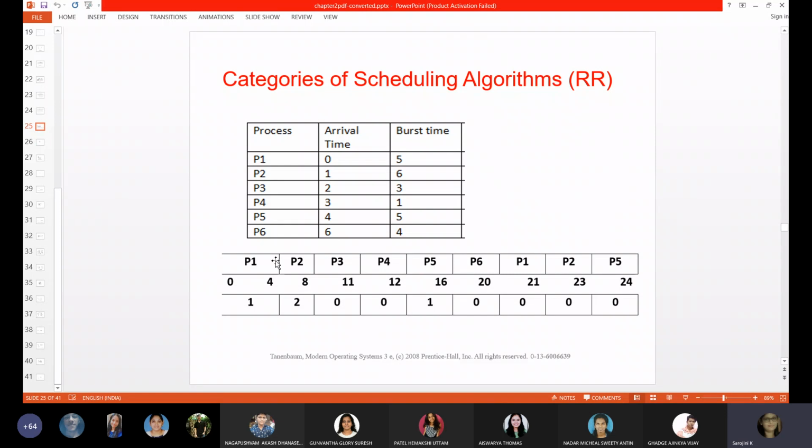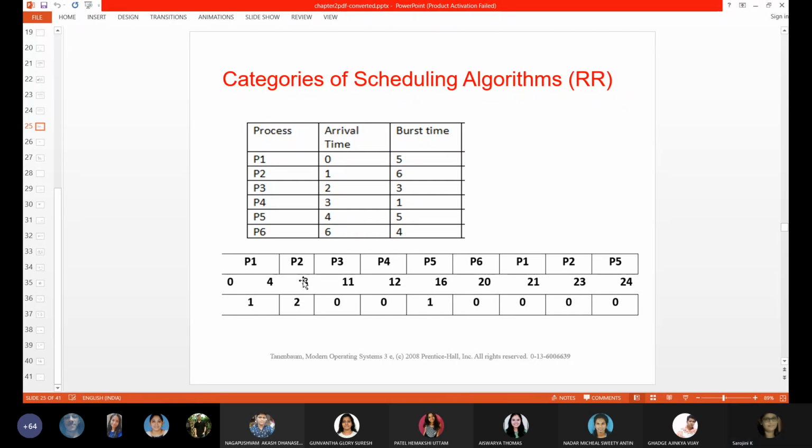So process P1 is evicted. Now 4 milliseconds of P1 are completed. I put the remaining time here: the remaining 1 millisecond it has to use the CPU.